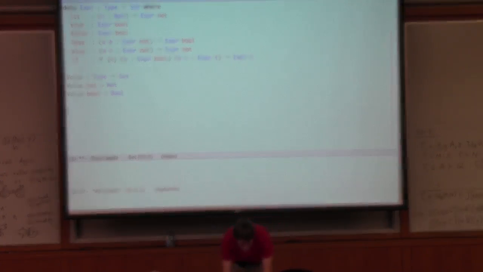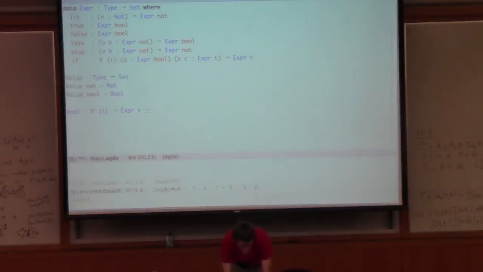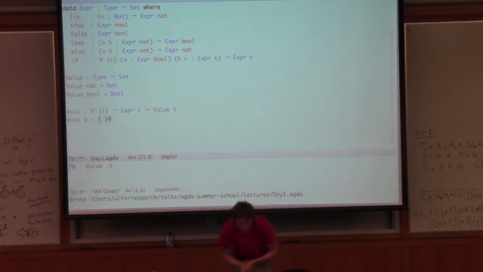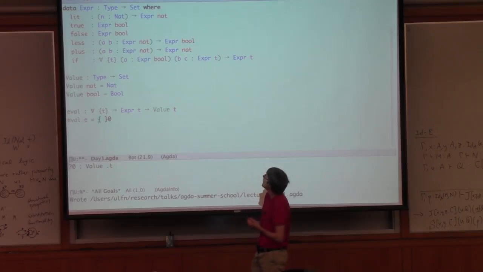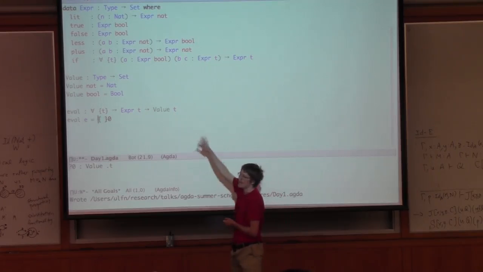And then we can write eval, saying for all types t, if you have an expression of type t, then you should be able to produce a value of type t. And hopefully we can now do this without any error cases getting in our way.